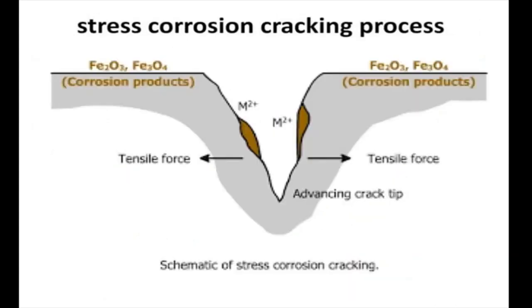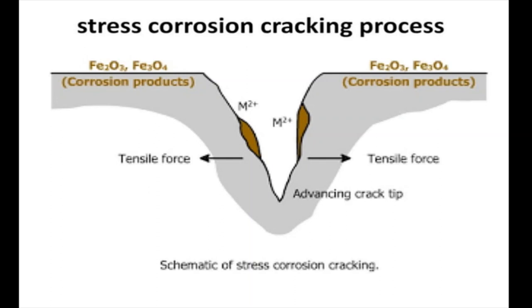Now if you want to discuss the stress corrosion cracking process and mechanism, then we know very well that there is a certain crevice or a kind of fault which is formed maybe due to an external reason or maybe due to an internal cause within a particular metallic surface.